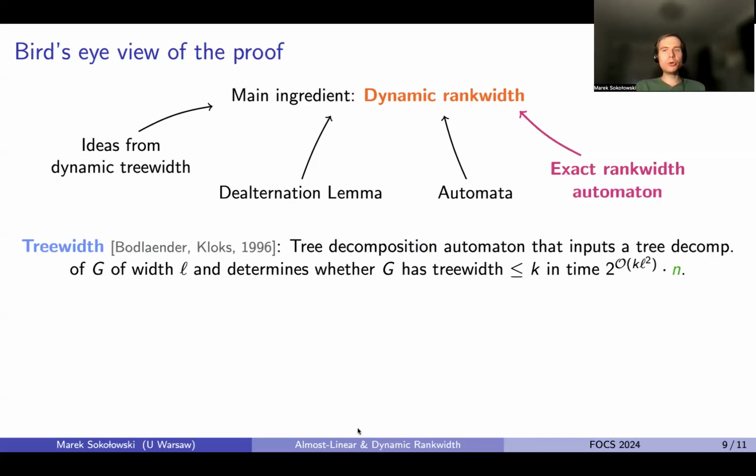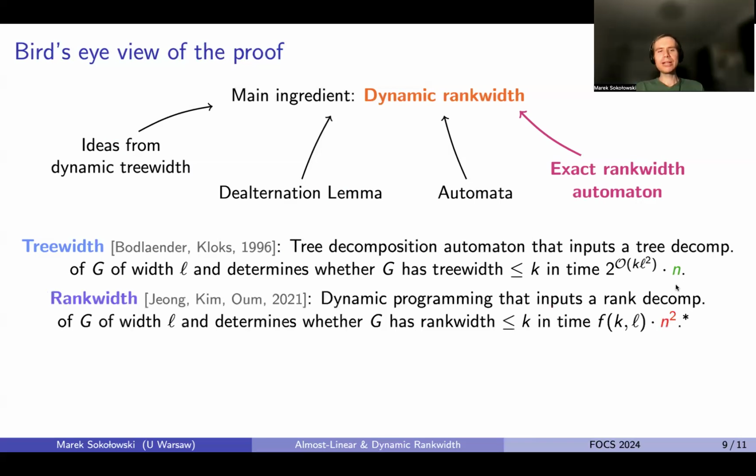So you might know for the sparse case that Bodlaender and Kloks back in 1996 produced a tree decomposition automaton that takes as input a tree decomposition of the graph of width L and determines whether this graph has tree width at most k, where k is usually smaller than L, in time exponential in k and L. But the important takeaway is that this complexity is linear in the size of the graph, or the size of the tree decomposition automaton. So we had a similar case, but not really for rank width.